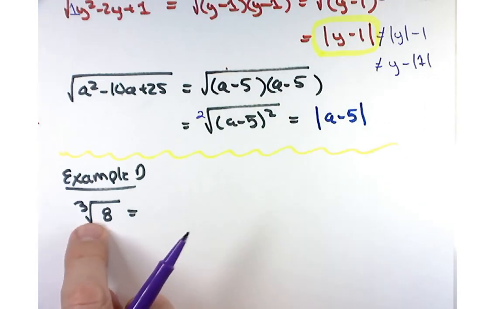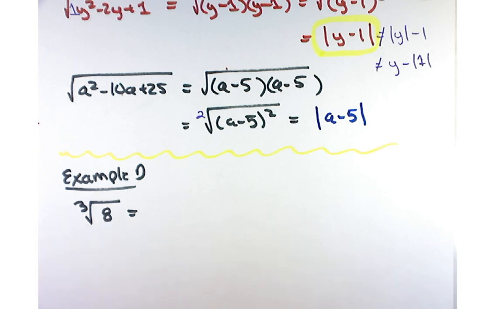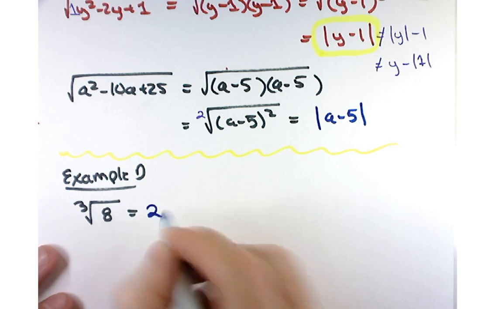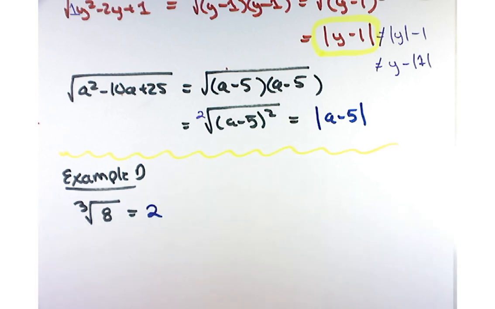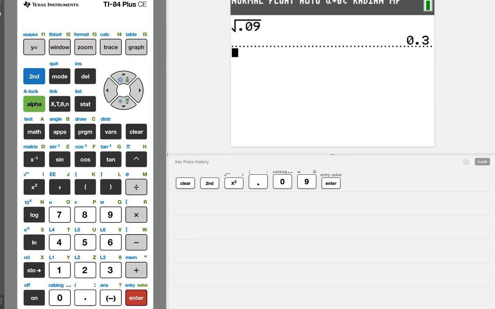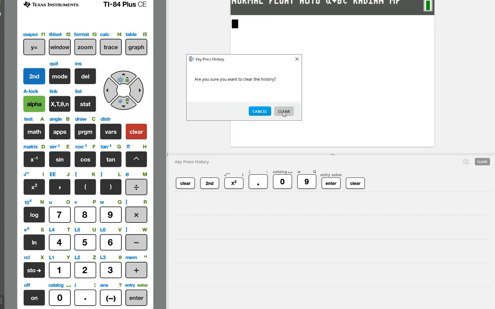Now I've got a cube root. I'm looking for something that I can multiply by itself 3 times. So something times something times something gives me 8. Does anyone want to guess what that is in this case? 2. Now, if you're not a calculating machine, and I don't expect you to be, then maybe you want to figure out how to do that on your calculator.